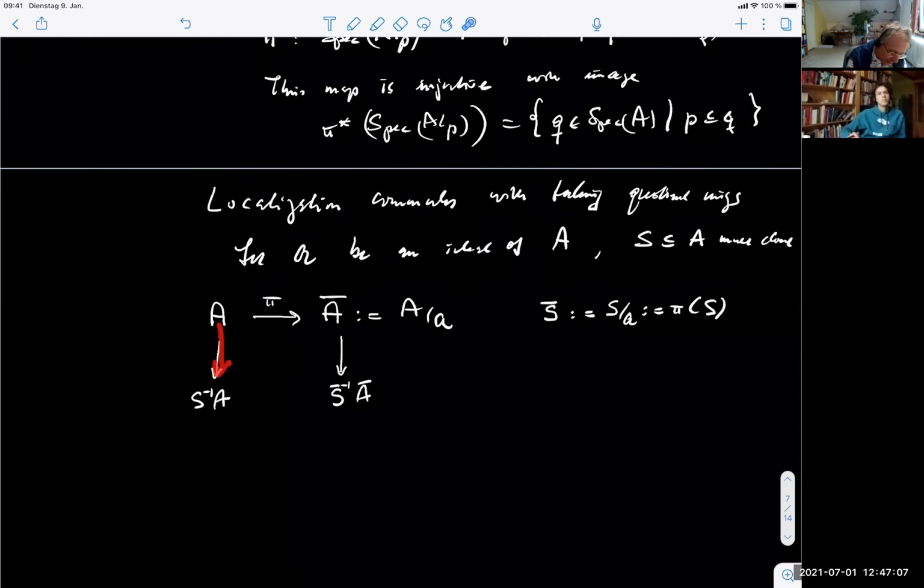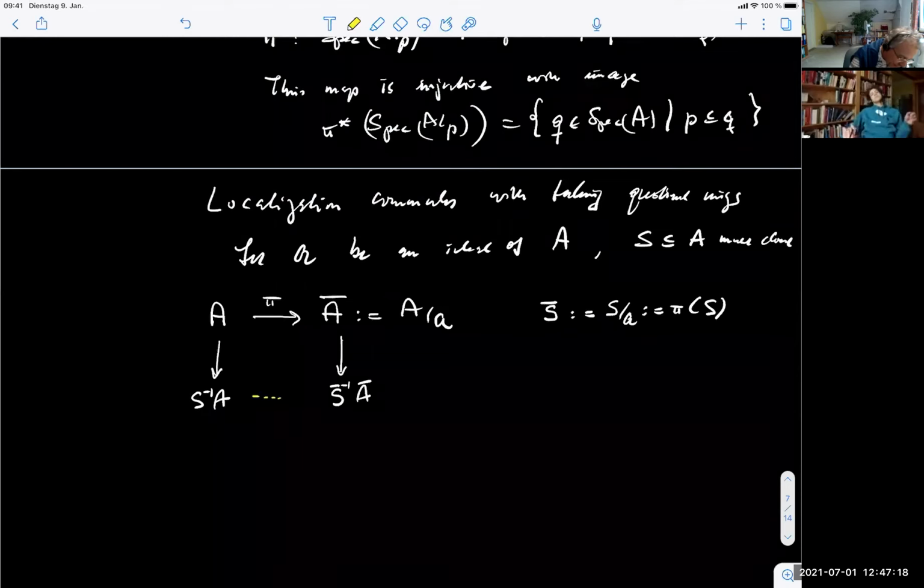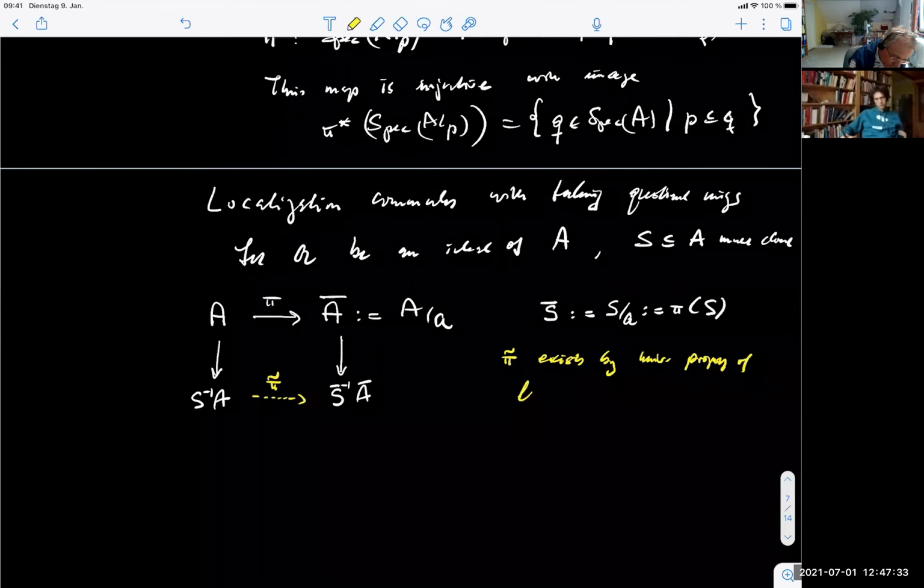Here, first localize. And now let's see, what is this map? Is there a map? And the point is yes. Okay, there is a map. It exists. I claim by the universal property of localization. So what was this universal property?